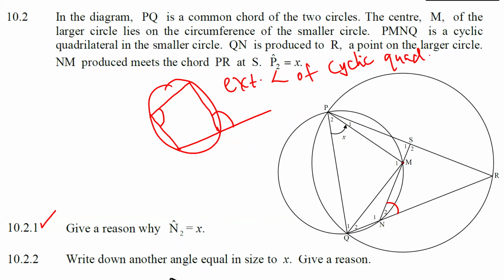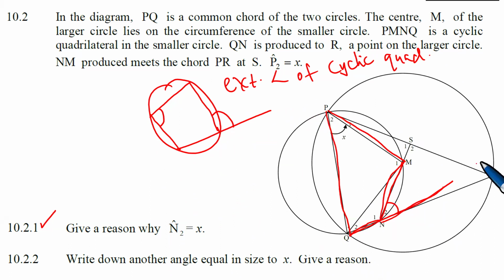Also, can I please just ask which one is the cyclic quad? There it is. So you're really able to see that we have 1, 2, 3, 4 vertices, and there's a little tail here.